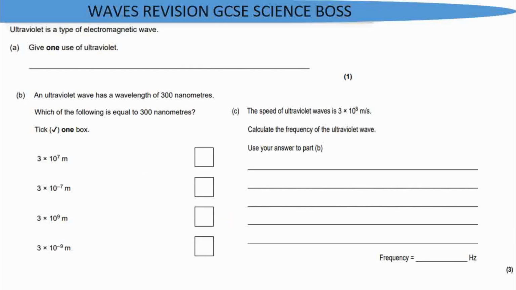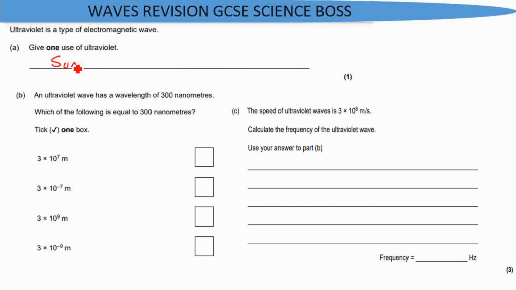Now we're going to be looking at some questions based on waves. Let's get this started quickly. For waves, there are several uses for UV radiation, lots of them. What we're going to go with is that we can use UV to suntan.